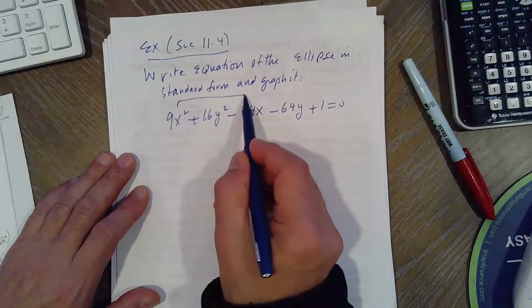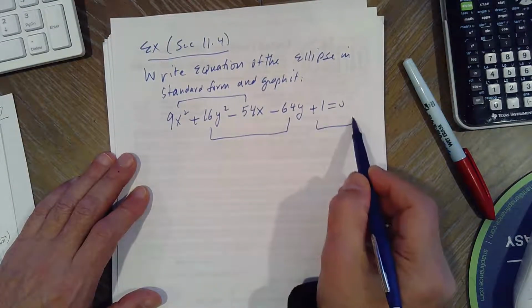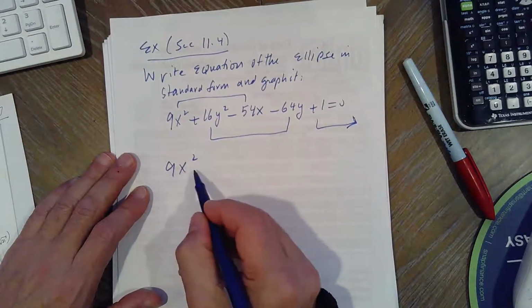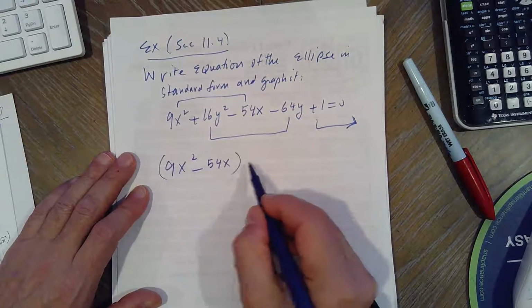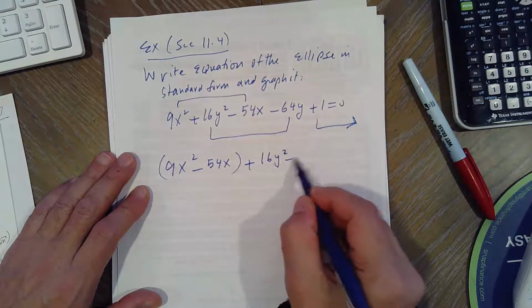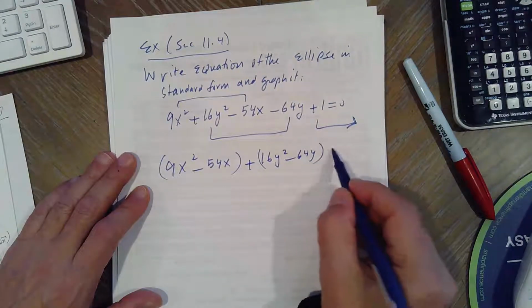So we're going to group the x terms together, the y terms together, and this is going to go aside. 9x squared minus 54x plus 16y squared minus 64y equals -1.